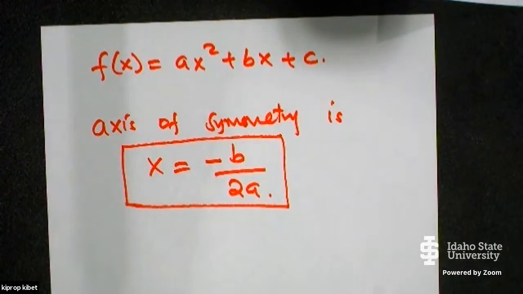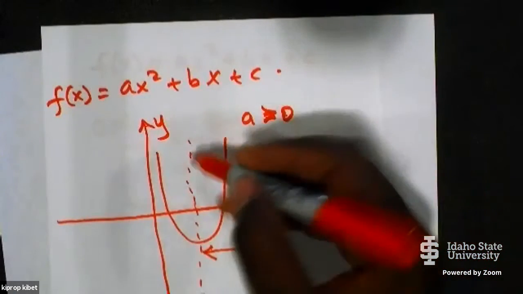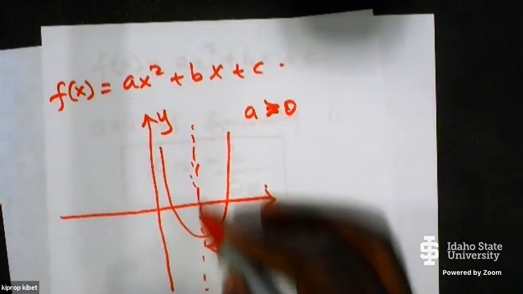This axis of symmetry, as I told you, is a line.